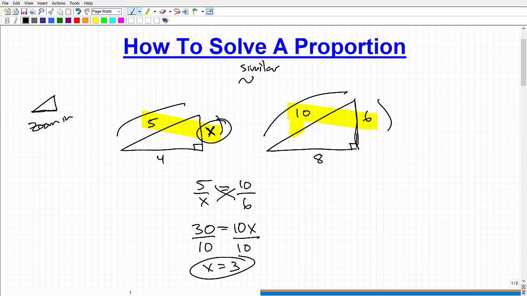So you oftentimes will see proportion problems in geometry with figures, and it doesn't have to be triangles. You can have all kinds of figures that are not triangles that can be in proportion. But if you're told that the figures are in proportion, then you can use the concept of proportions by setting up equal fractions or equal relationships and then using the cross product to solve.